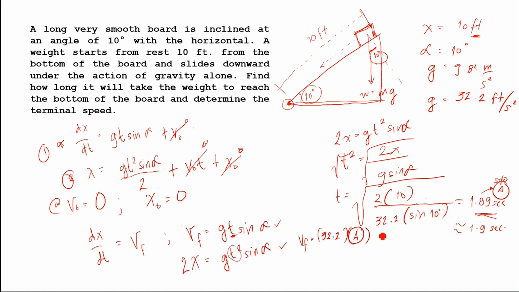This is 32.2 times A times sine of 10 degrees. Therefore, your final velocity or your terminal speed is 10.57 feet per second.